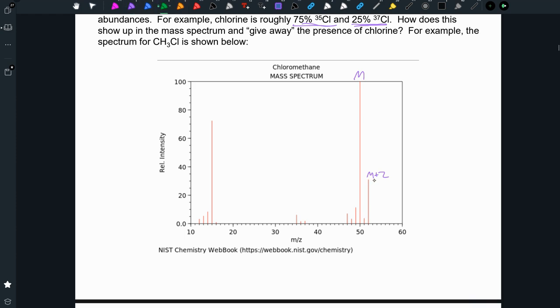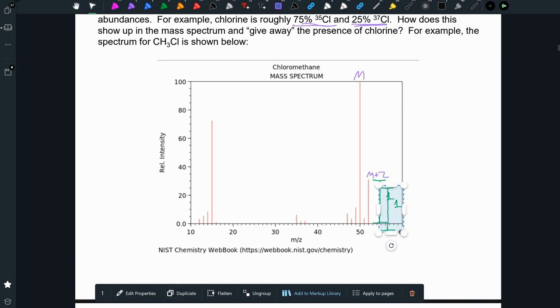So if we call this a height of 1, let's see if I can carry this out. I'm going to try and show that this, if I duplicate it 3 times, 1, 2, 3.